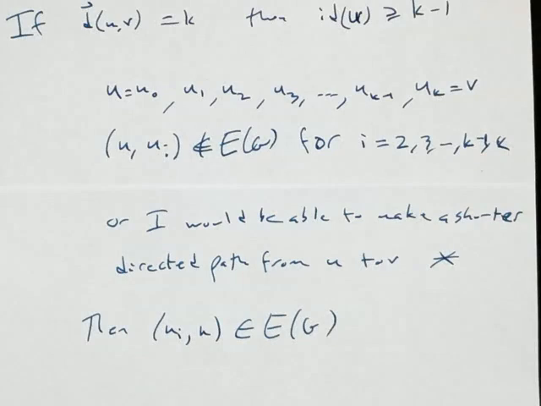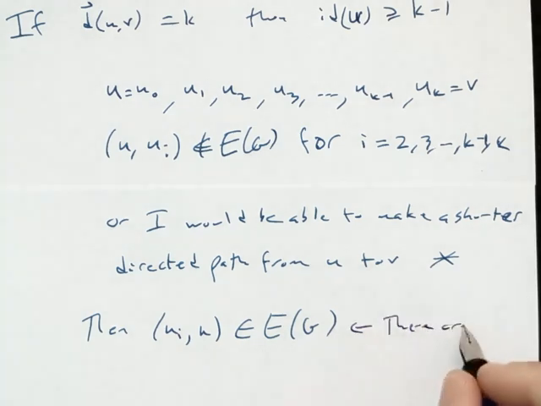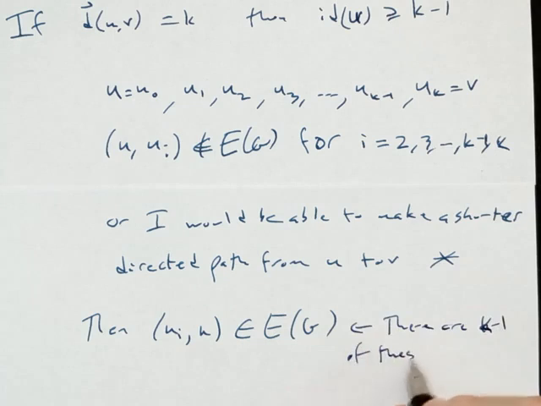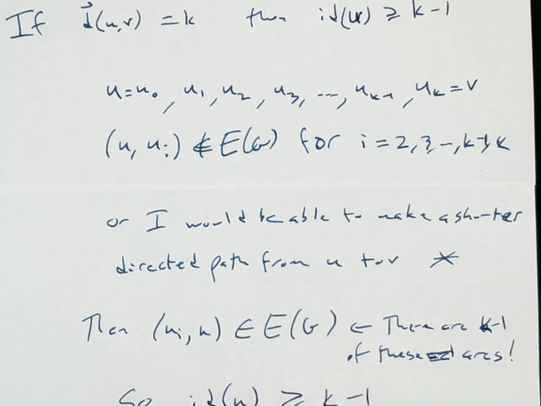Oh, k minus 1 of them, 2 to k. So the indegree of u must be at least k minus 1.